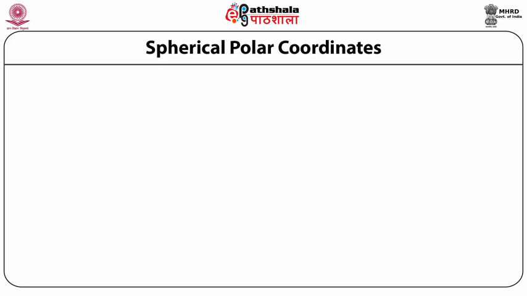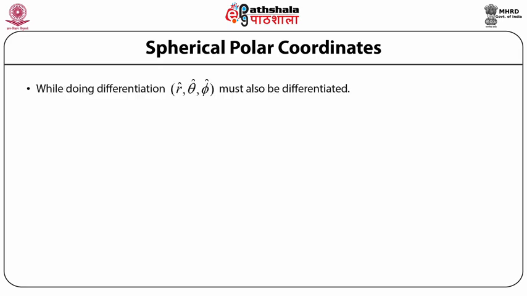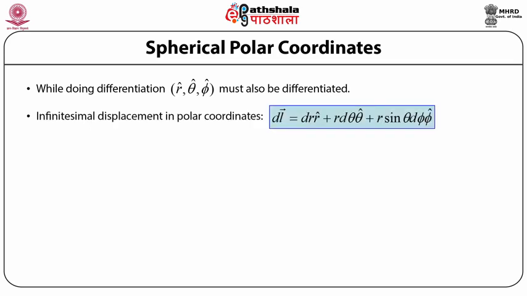Now, on differentiating these three unit vectors, that is unit vector r, unit vector theta, and unit vector phi, we get the infinitesimal displacement in the polar coordinates as dl vector equal to dr times unit vector r plus r times d theta times unit vector theta plus r times sine of theta times d phi times unit vector phi.